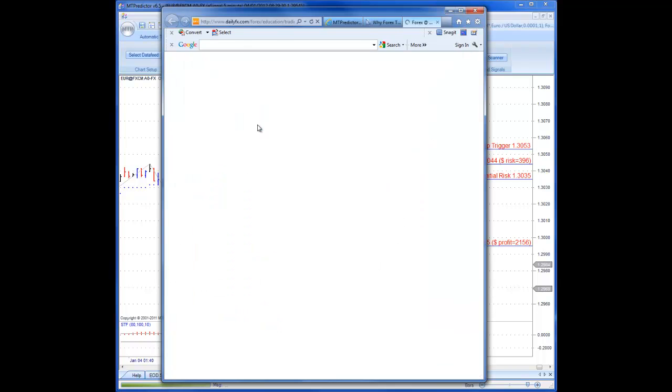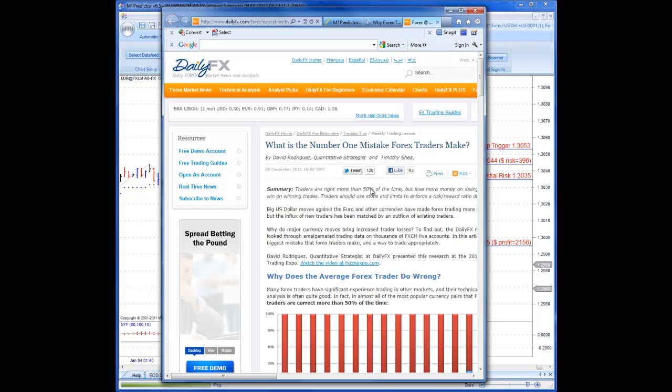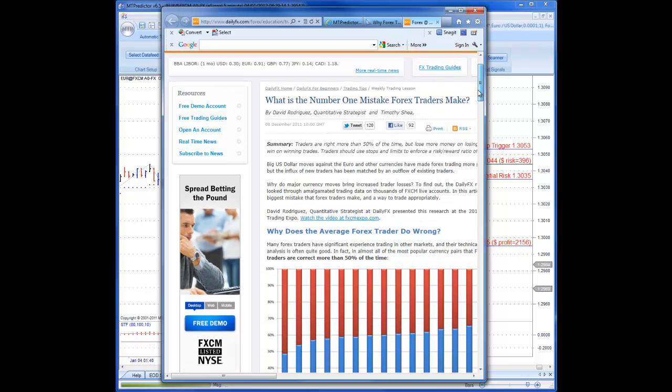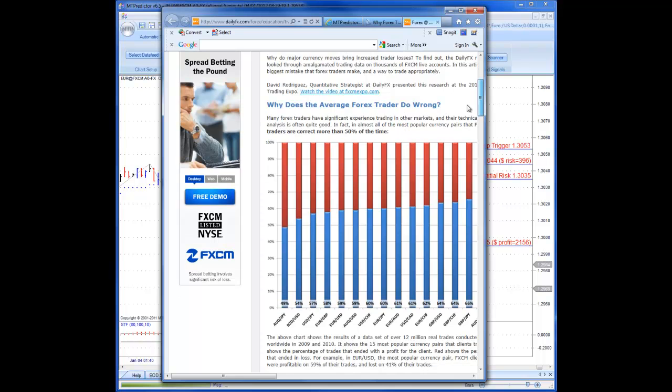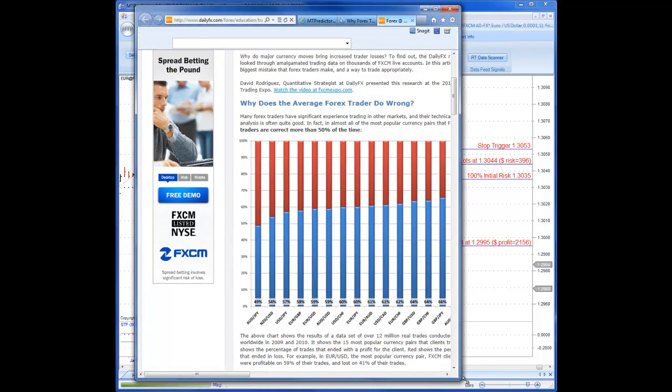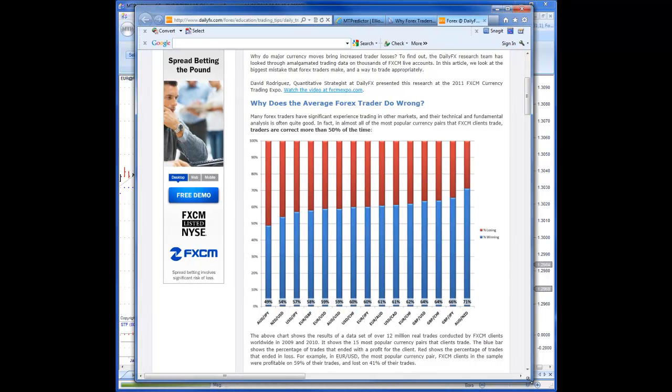If I go to that, it highlights basically the average trades throughout all last year on all their Forex traders. And it's quite interesting reading because overall, if you take their trades as a whole for the whole year, they actually lost money.